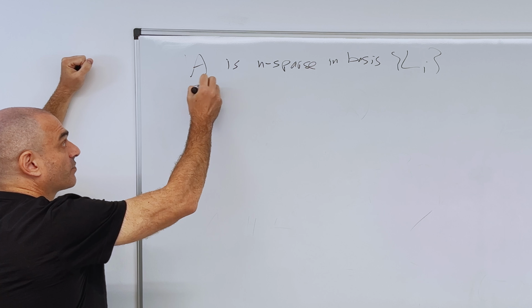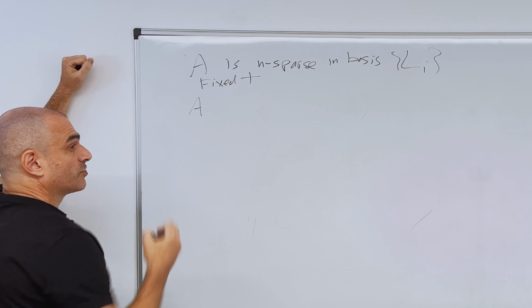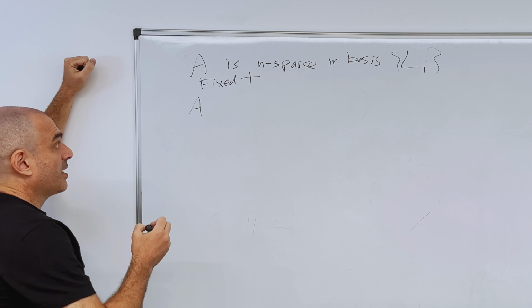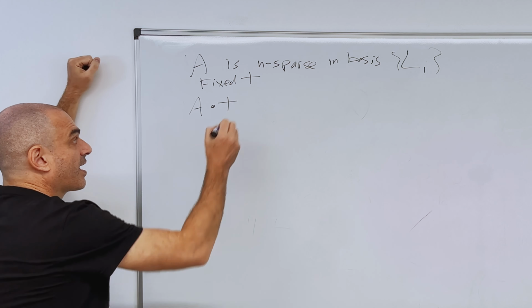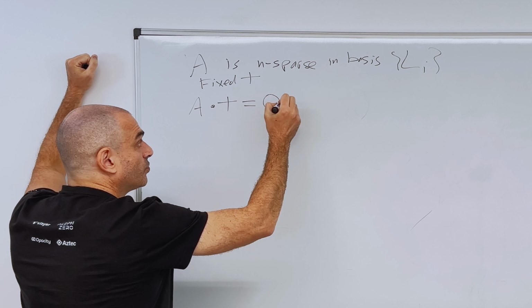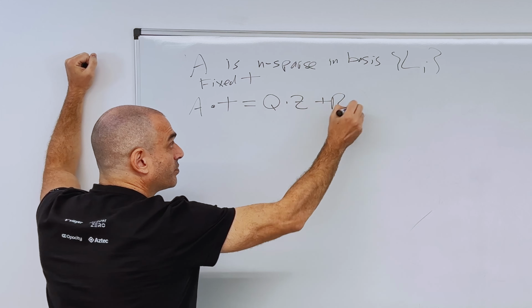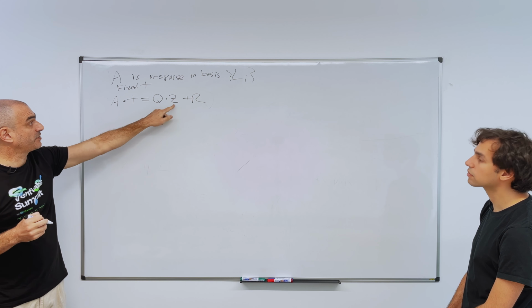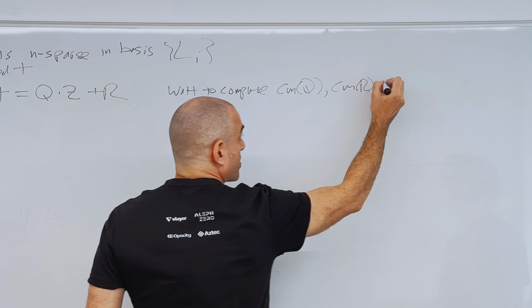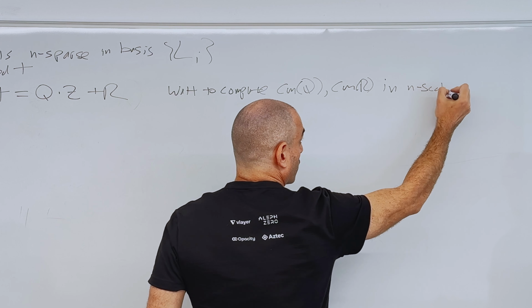We have some fixed t, the table polynomial, say, and we want to write A times t as q times z plus r, so division by z with remainder. And we want to compute the commitments to the quotient and the remainder in little n scalar mults.